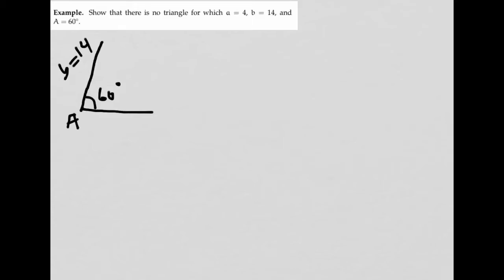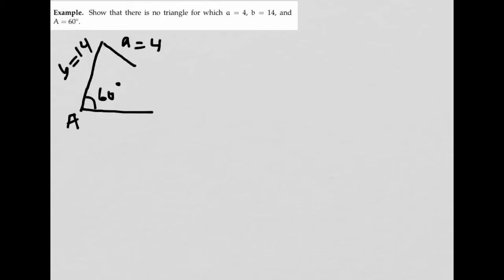And side a, the side facing angle A, is 4. a is too short to close up the triangle, so we're going to prove that no such triangle exists. We can see that intuitively, but that's not a proof.